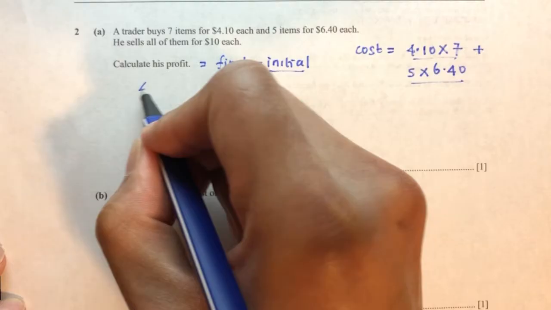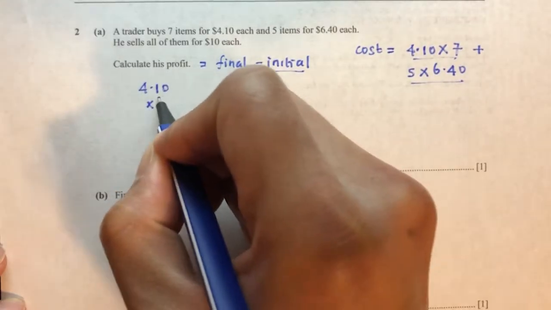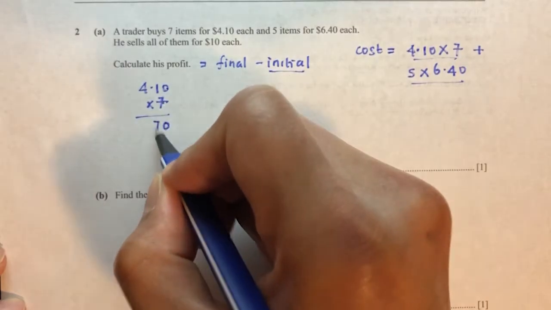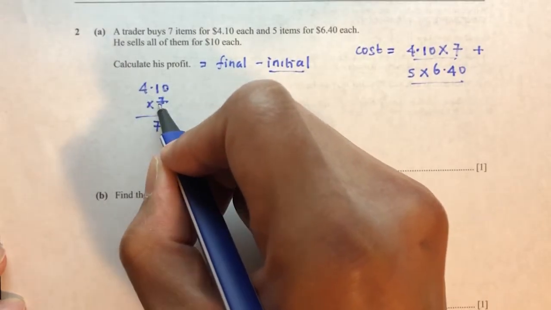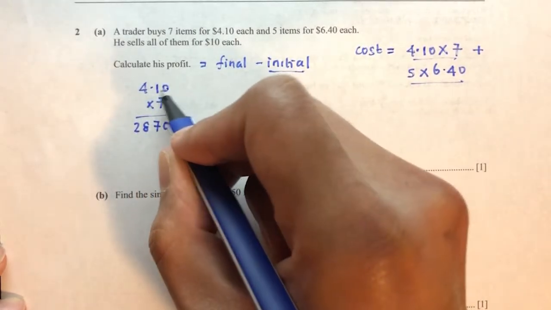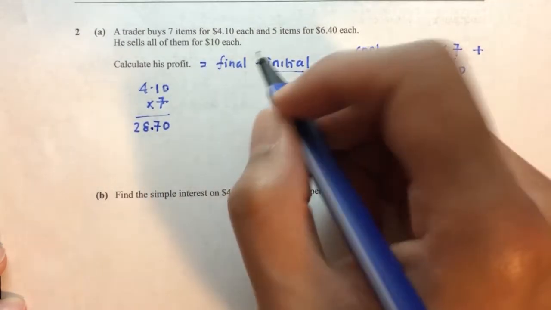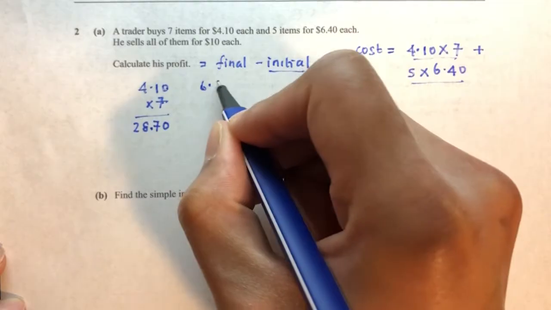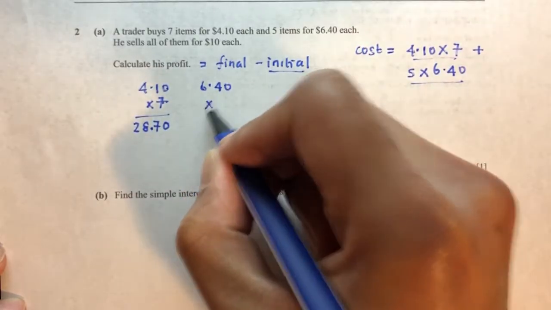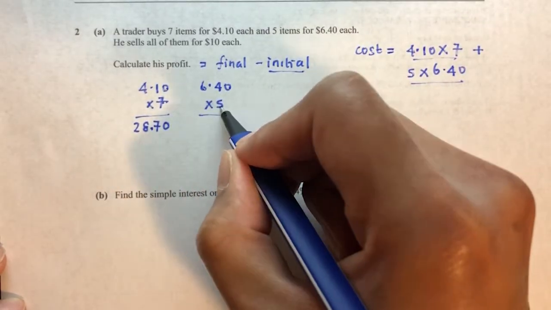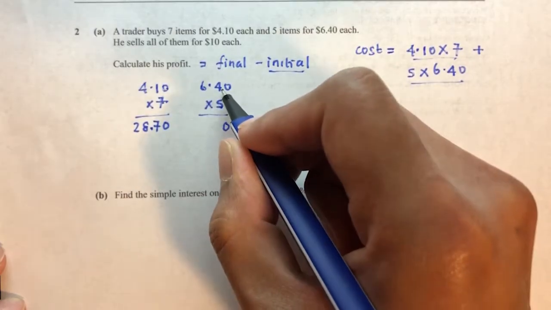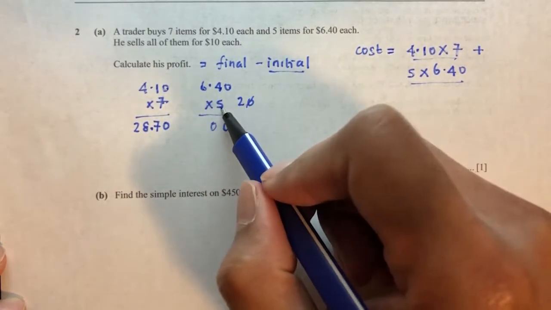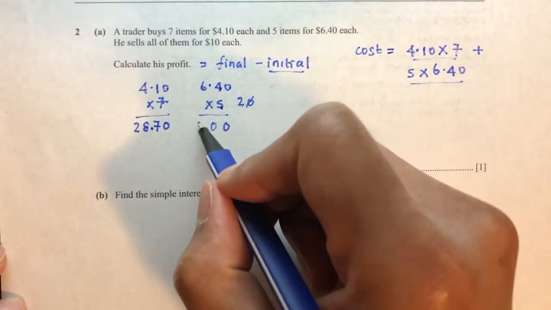So we have 4.10 times 7. So 0 times 7 is 0, 1 times 7 is 7, and 4 times 7 is 28. So 2 decimal places will be here. And we have 6.40 times 5. 0 times 5 is 0. 4 times 5 is 20. And 6 times 5 will be 30. 30 plus 2 is 32.